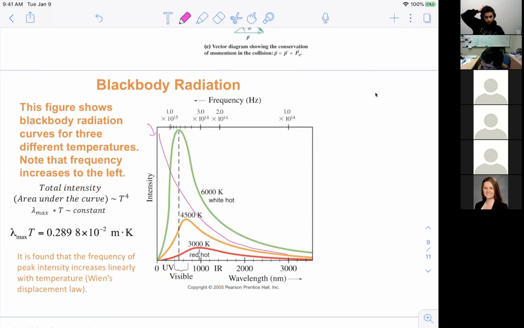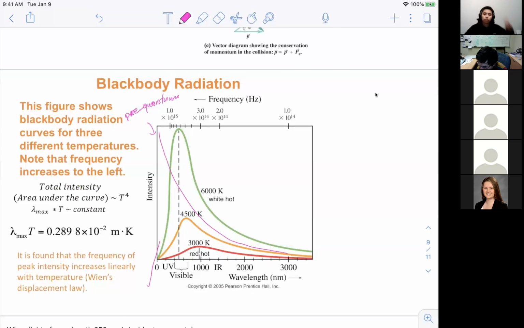This is the pre-quantum era. So then what you have is the UV catastrophe. How to say the... I need help from Google.